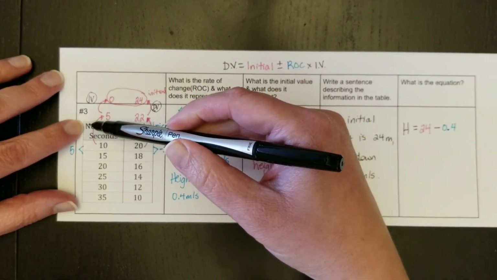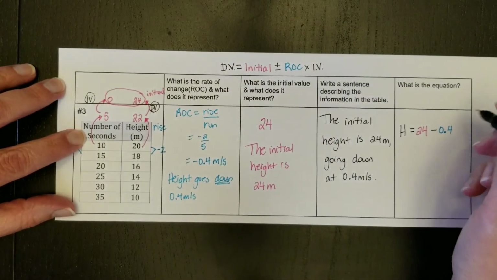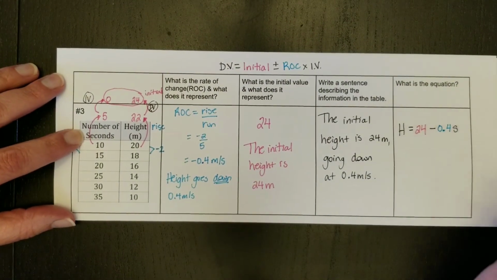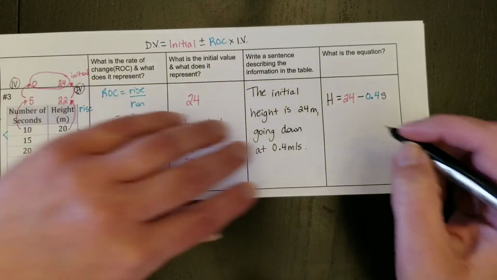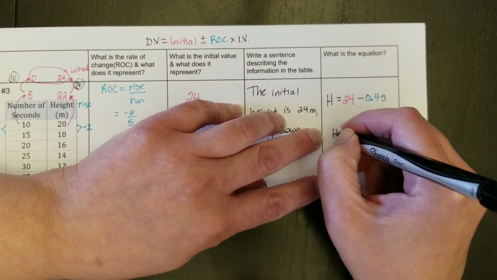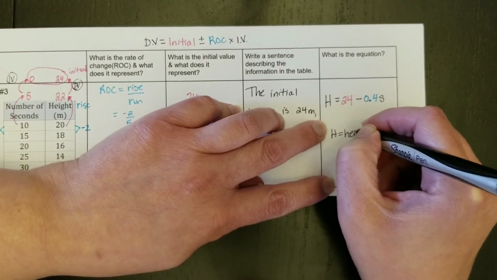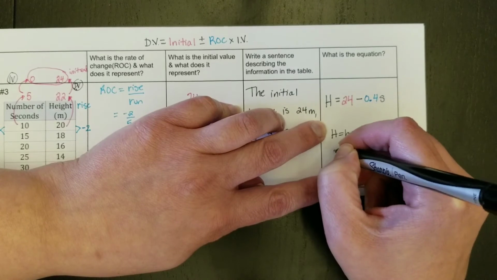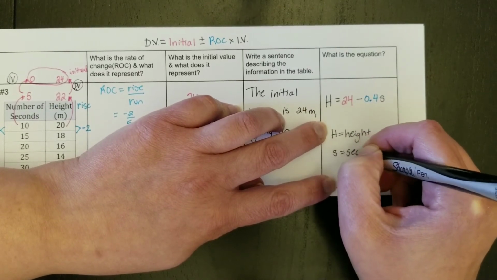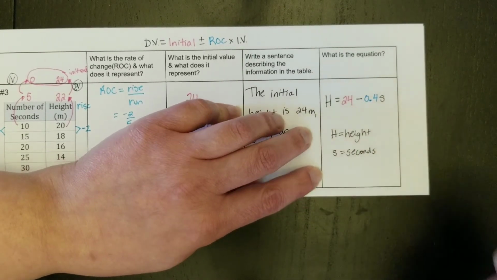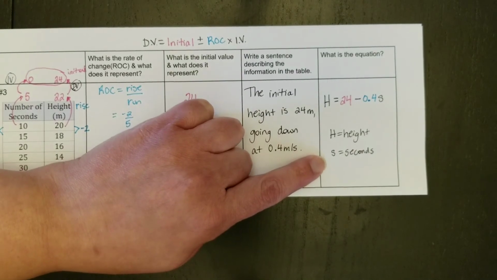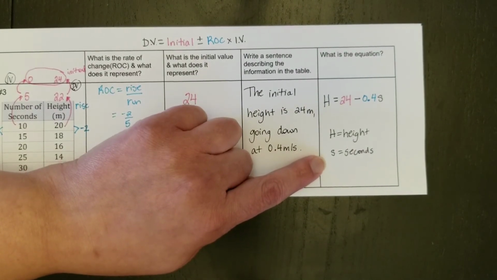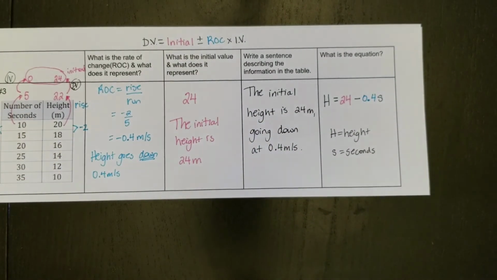You could use n for number of seconds, but I might put s for seconds because that's a bit more descriptive. So h is the height and s is the seconds. You maybe could use t for the amount of time. That would work too. So that's the last example.